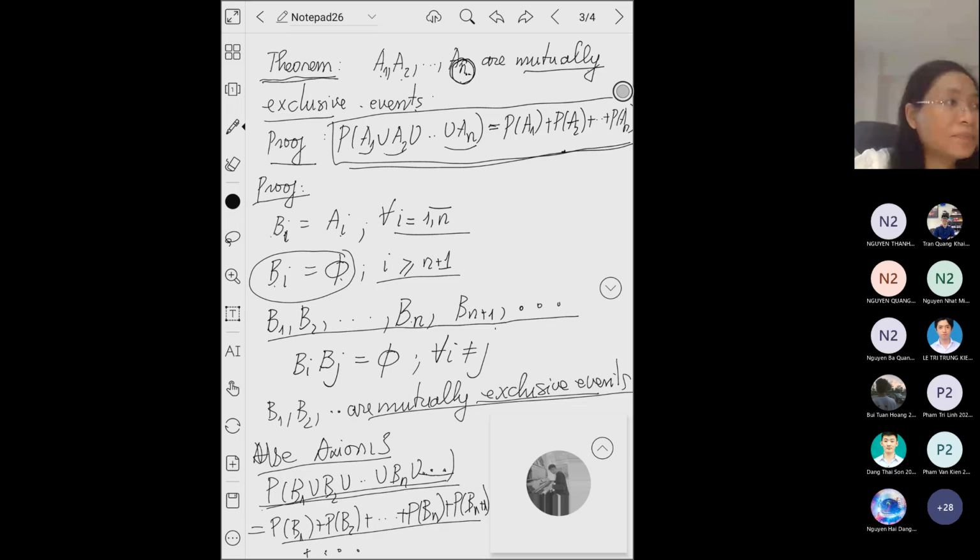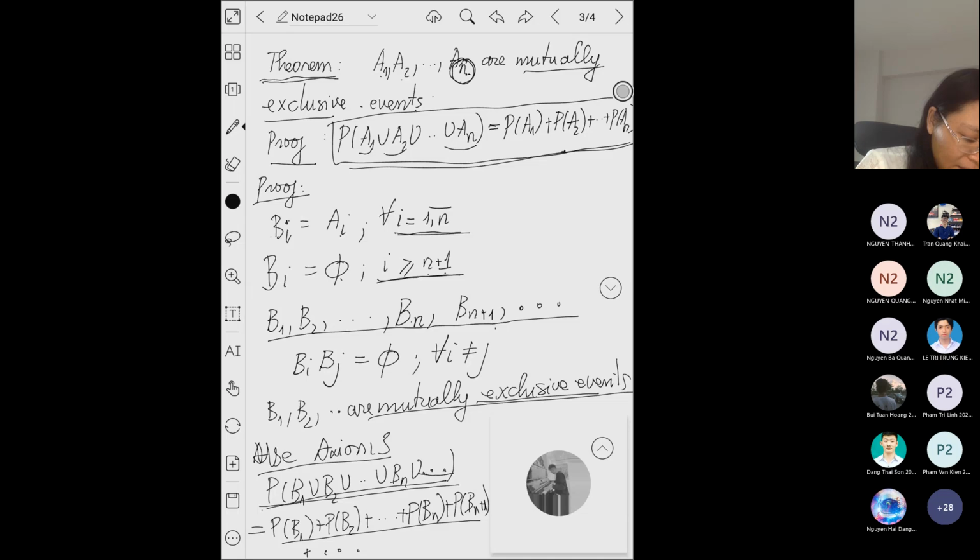To prove it, similarly, we consider Bi equal to Ai for all i from 1 to n, and Bi equal to the empty set for all i greater than or equal to n plus 1.